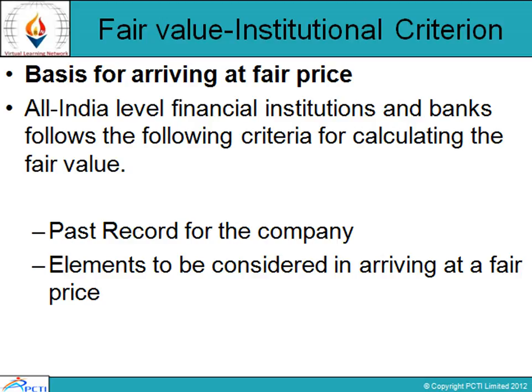The first is the breakup value per share. The second is the notional value, which is based on the earning and yield expectation, and lastly the market value per share.